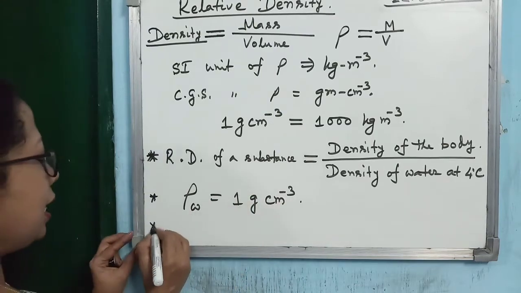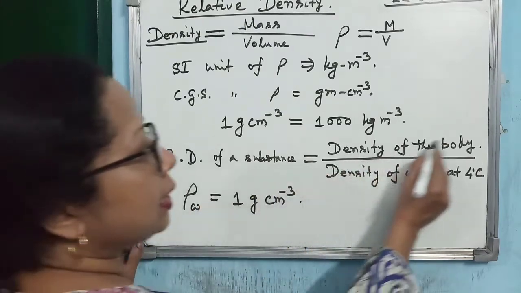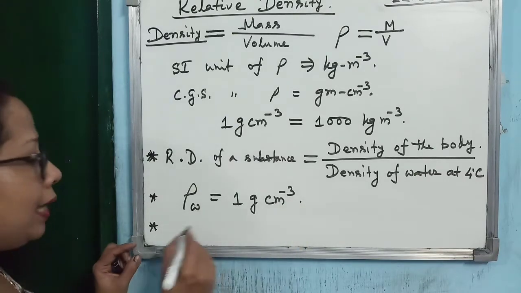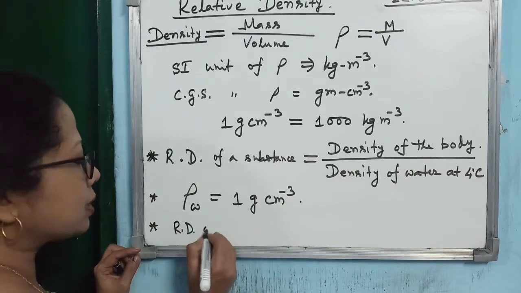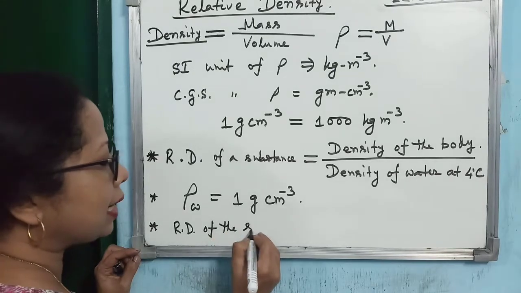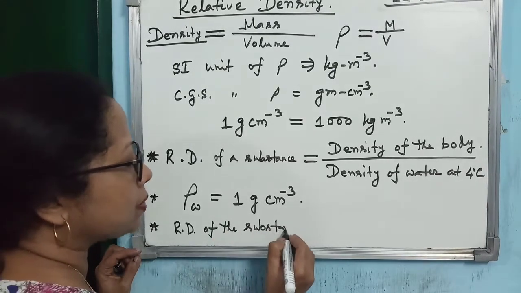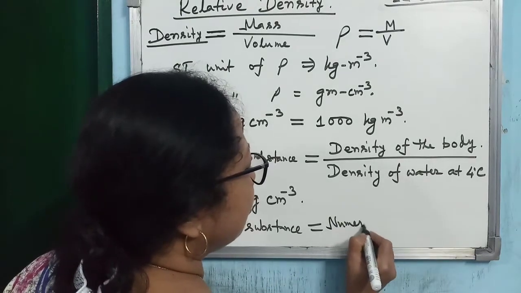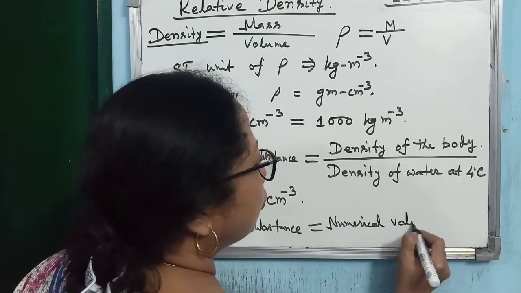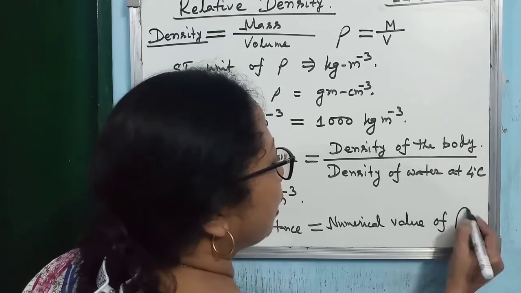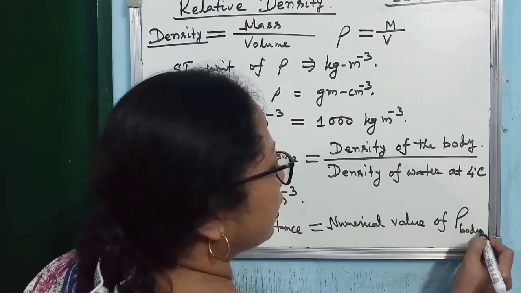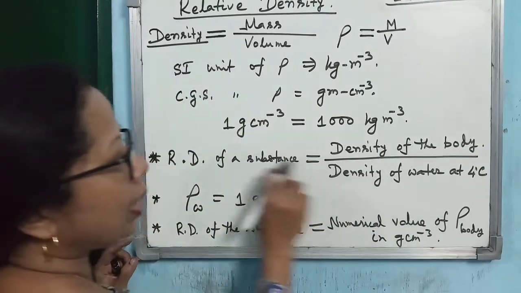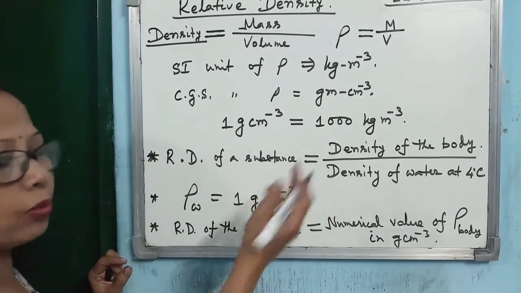That's why if you consider the density of the body in gram per centimeter cube, then the numerical value of RD of the substance is equal to the numerical value of density of the body in gram per centimeter cube. Because when it comes here, RD into 1 is RD only.